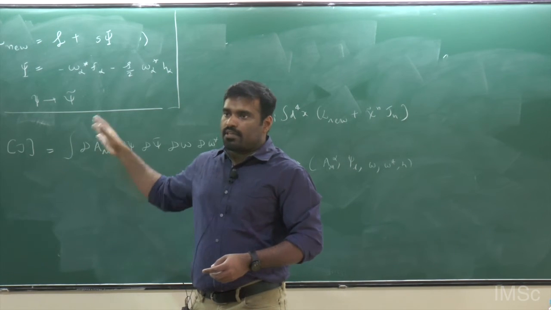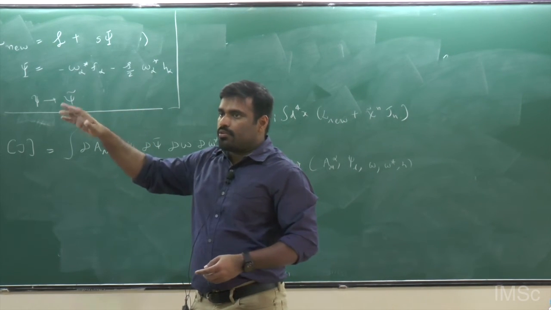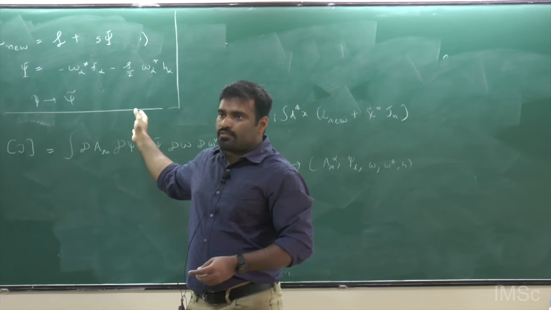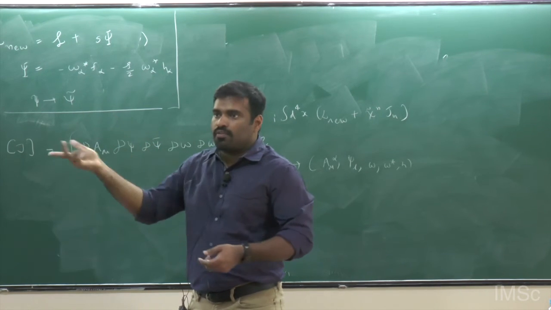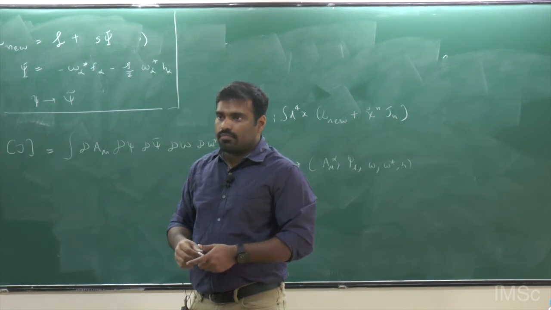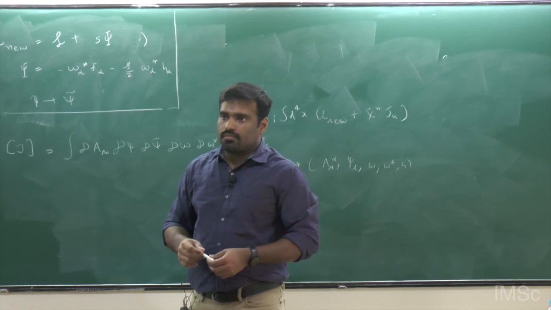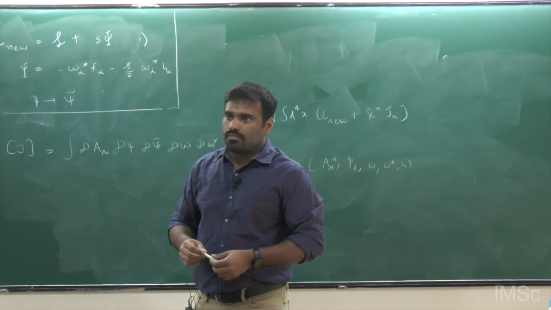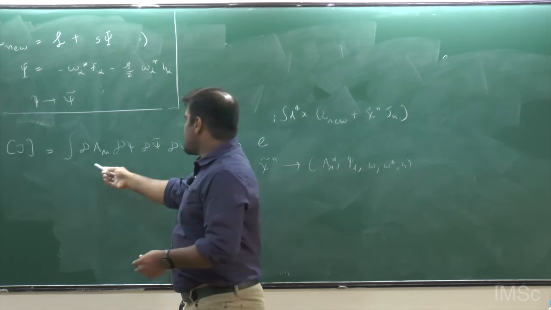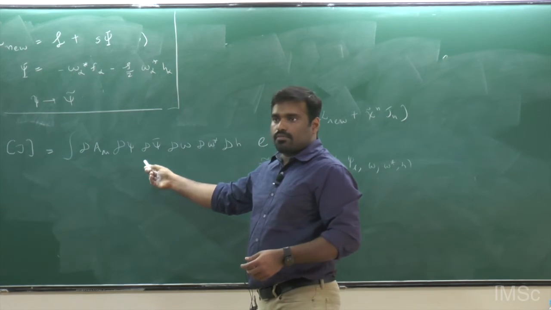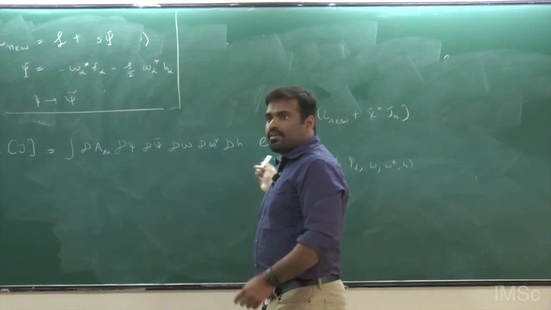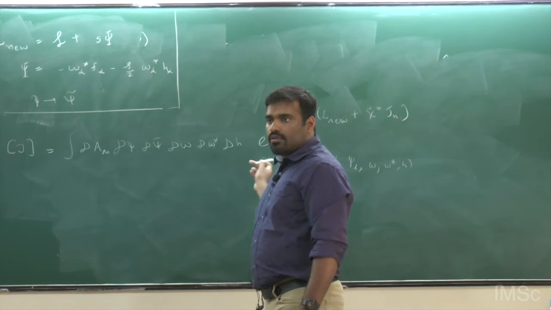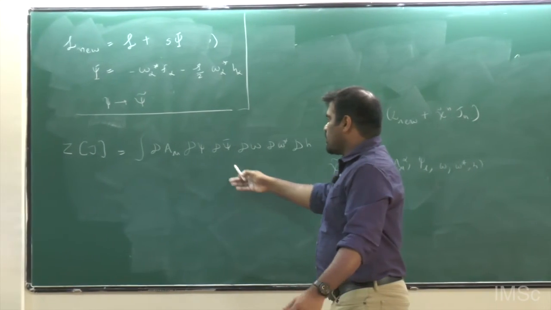When you compute the spectrum for the theory, if you have two states that are related by a BRST transformation, you have to choose one of them. This itself is a consistent, well-defined, finite expression. You don't have to worry about anything more.